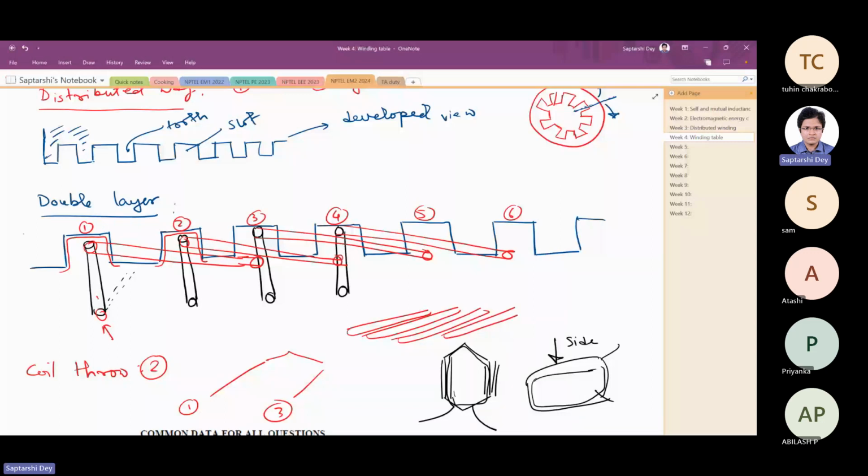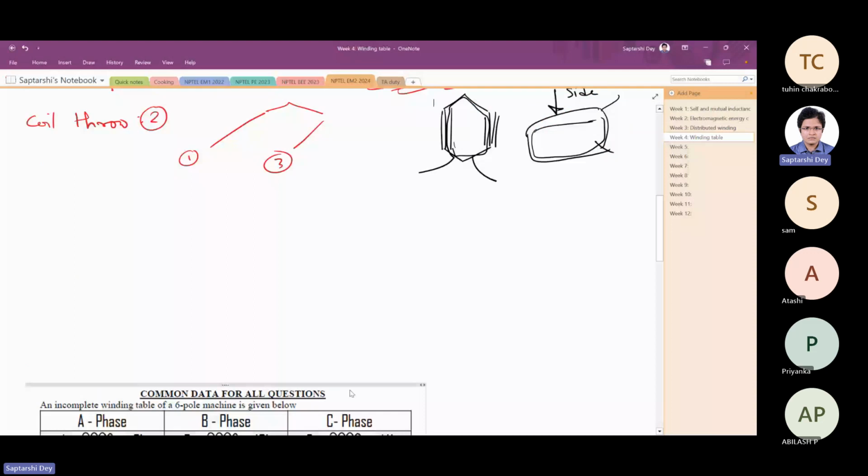So what you get to see from here, if I draw this one once again, suppose you are looking at a machine from the top. This is the core, the iron, and from here you get to see the end winding. I hope you know what end winding is.